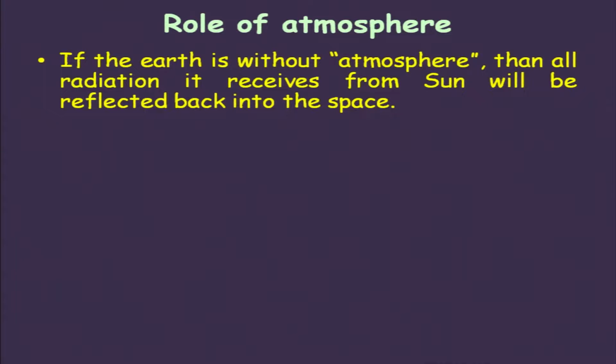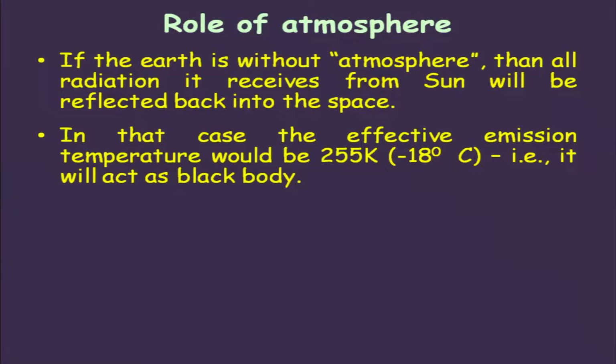The role of the atmosphere: suppose we consider that the earth is without atmosphere, then all radiation it receives from the sun would be reflected back into space, and in that case the effective emission temperature would be 255 Kelvin, which is minus 18 degrees centigrade, the temperature at which it acts as a black body.